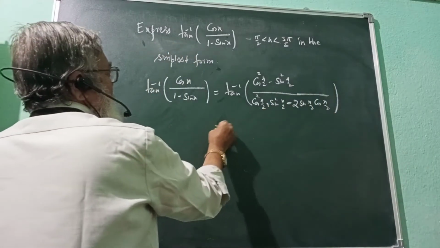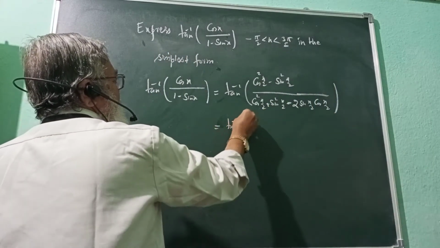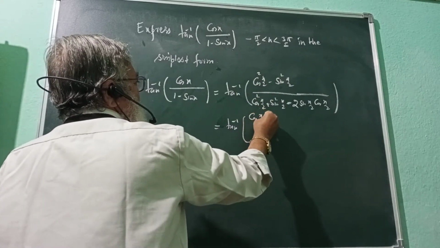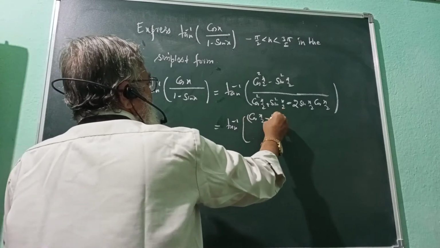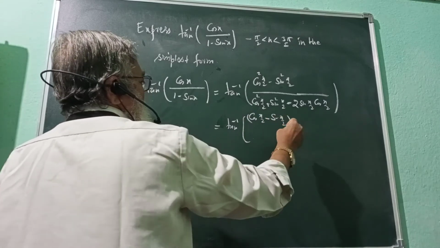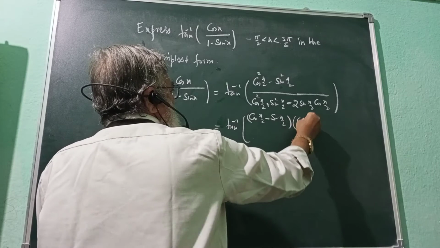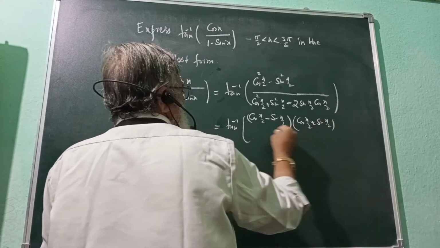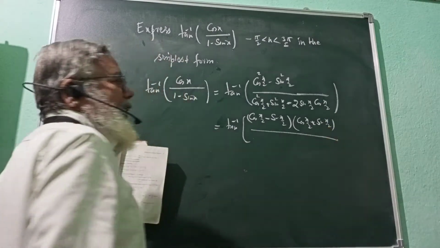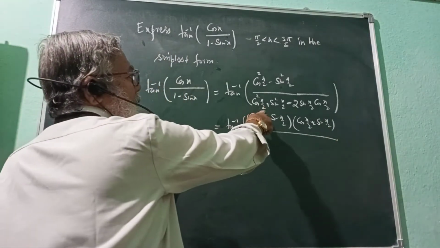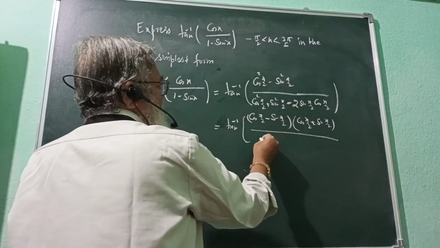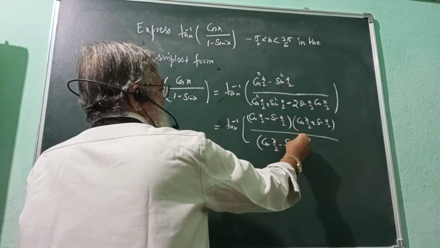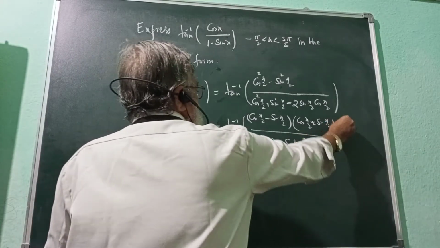Now you see, we apply the formula of a square minus b square. That will be cos x by 2 minus sin x by 2 into cos x by 2 plus sin x by 2 whole, divided by, now you see carefully, this is the a square plus b square minus 2ab formula, that is cos x by 2 minus sin x by 2 whole square.